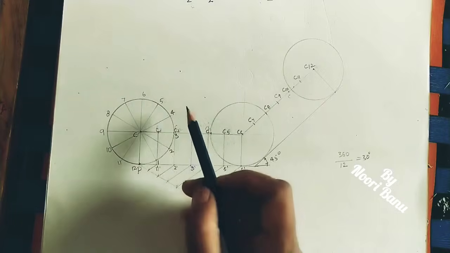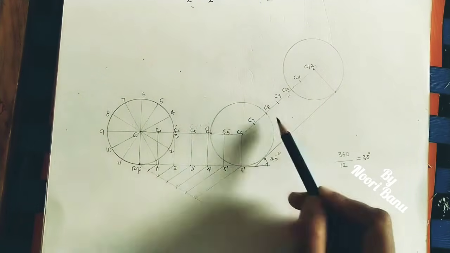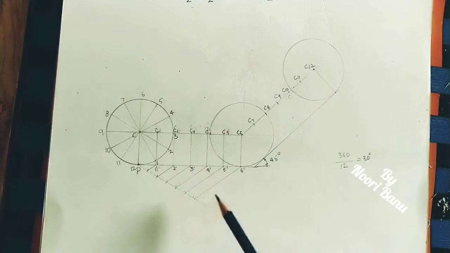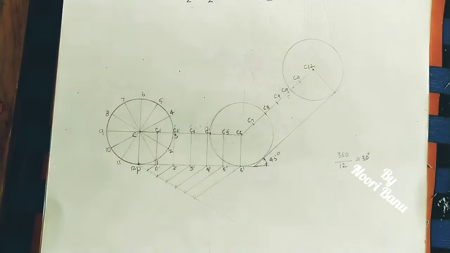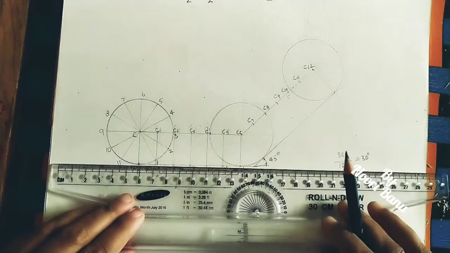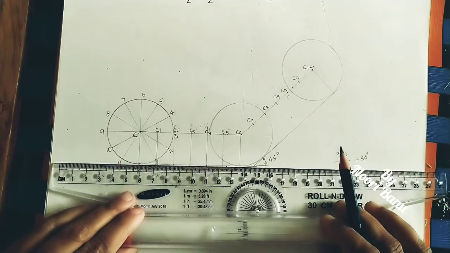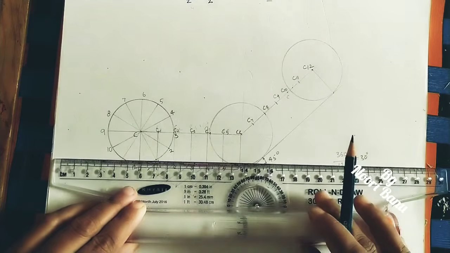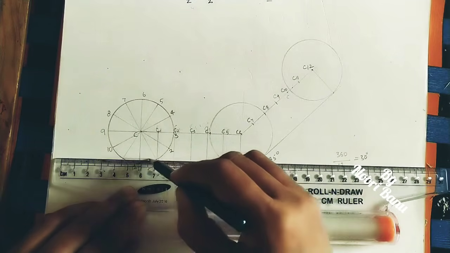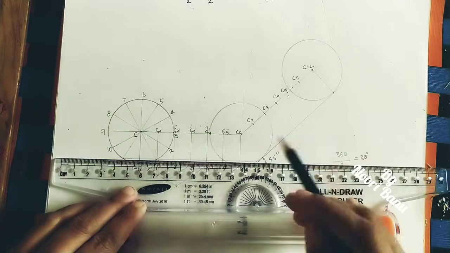Now after that mark the same points on this circle also. At these points draw the horizontal lines up to this circle. Take this as a reference line. Move the scale. 1 and 11 are coming on the same line. Draw the horizontal line here up to this circle.